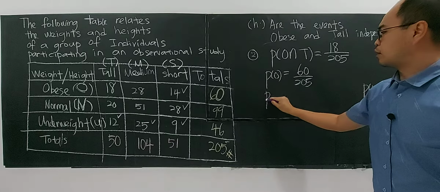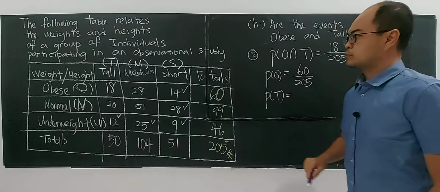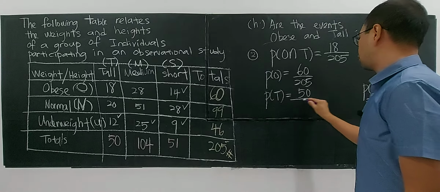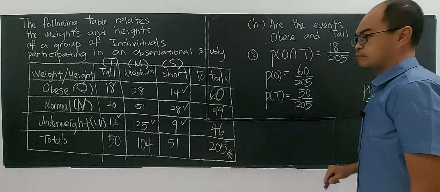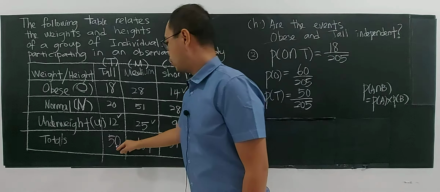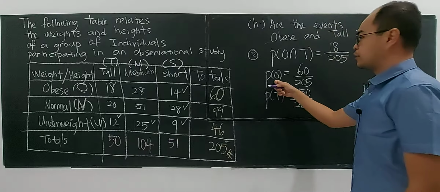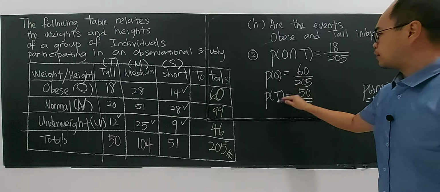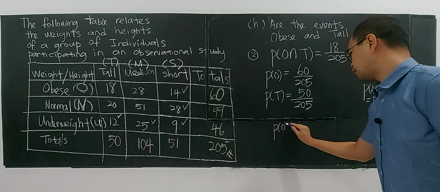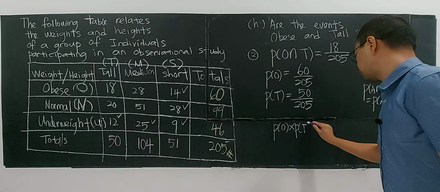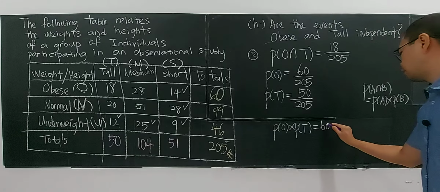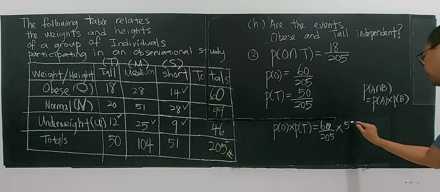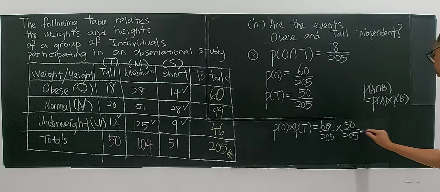And we have the probability of an individual being tall. Tall, we have 50, so 50 over 205, and the probability of obese is 60 over 205. So we multiply these two, the probability of obese multiplied by the probability of tall, which means we take 60 over 205 multiplied by 50 over 205.